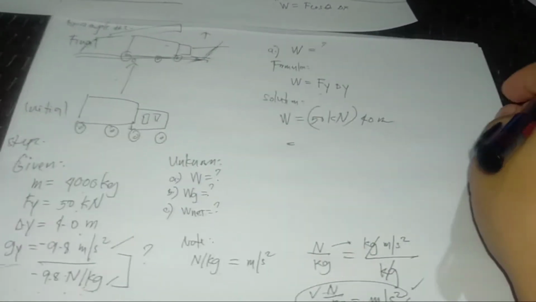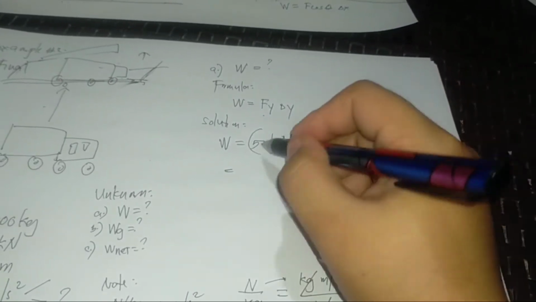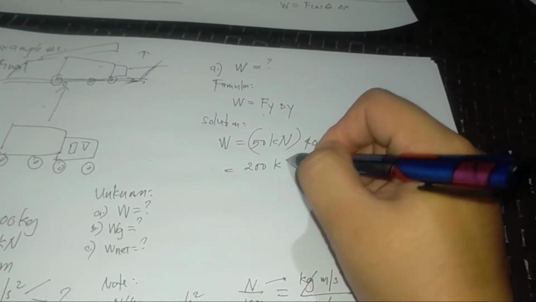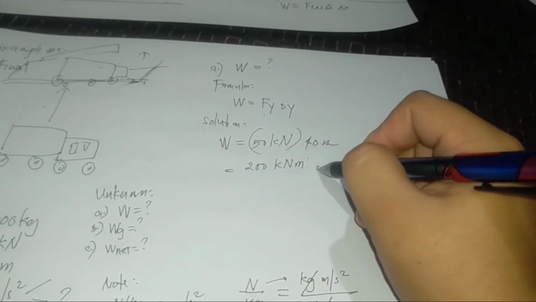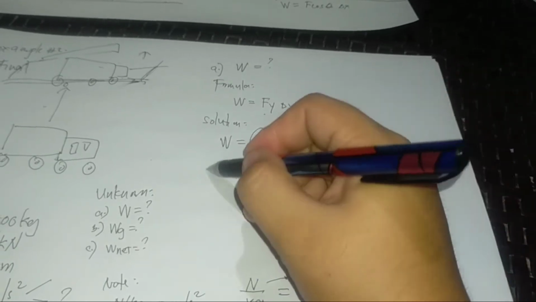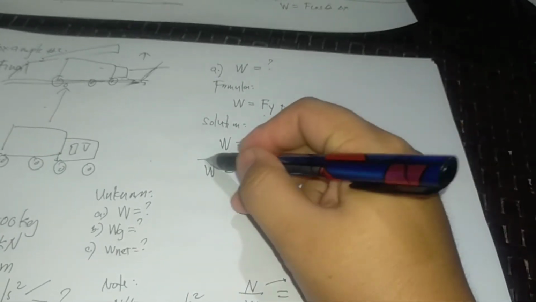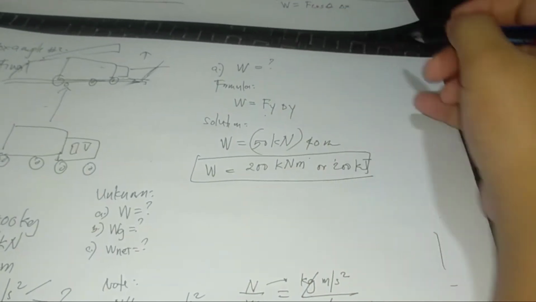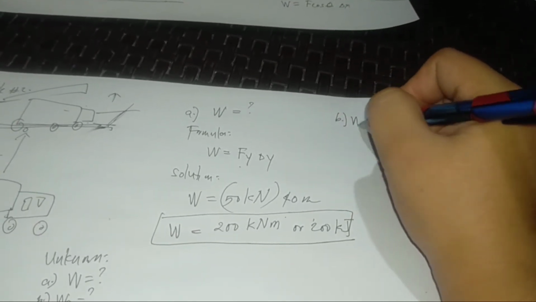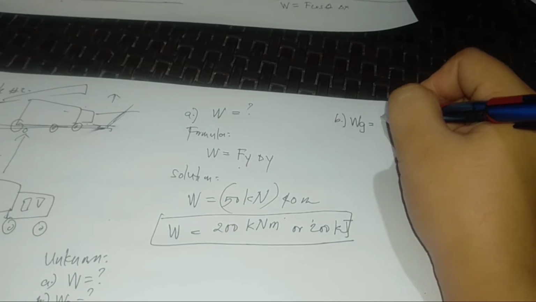So this will be 50 times 4.0. This will be 200 kilonewton meter or 200 kilojoule. So this will be the answer in letter A. Work done. Next we have work done due to gravity.